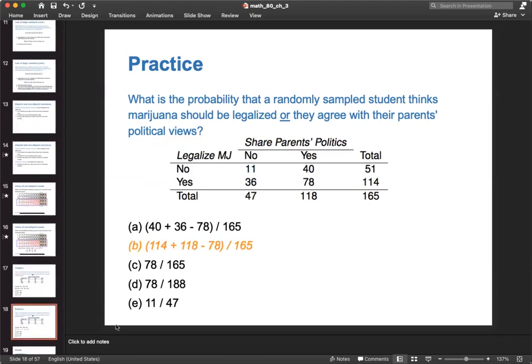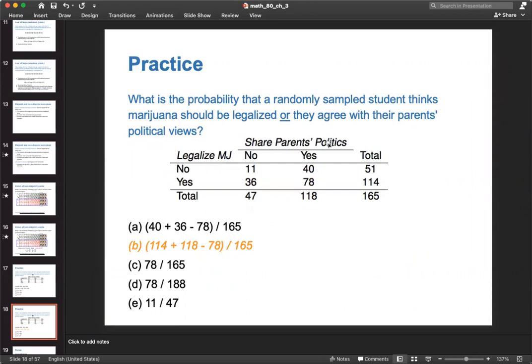All right, so if you actually guessed B, that is entirely correct. And so what ends up happening is if you go down the rows right here, this states legalize marijuana, if they believe that marijuana should be legalized, and you have a no and yes for the student. And then across the columns right here, this will be share the parents' politics. Basically, do they share their parents' political views?